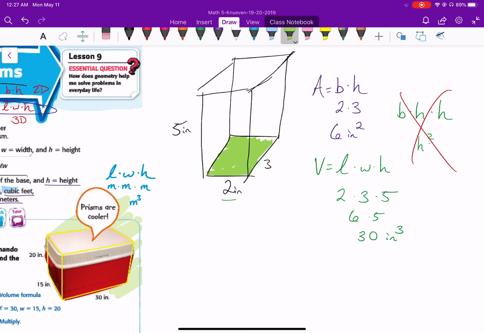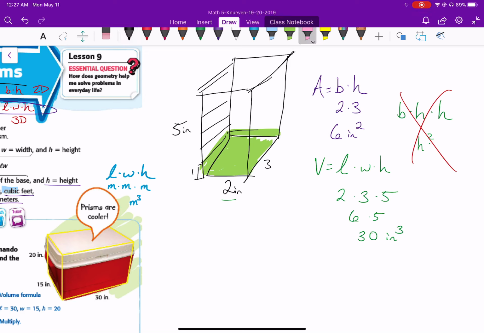Because think about this, if this was 1 inch up, right? If that was 1 inch, what I have just shaded in here, well, this would be 6 inches cubed. But now, since I'm going to keep on doing this, that's 2, 3, 4, and 5 up here.